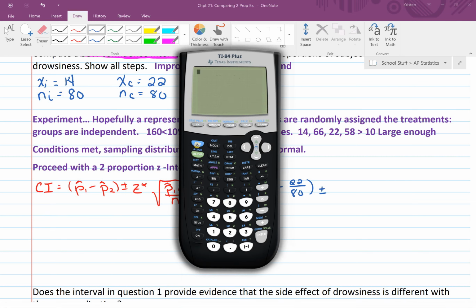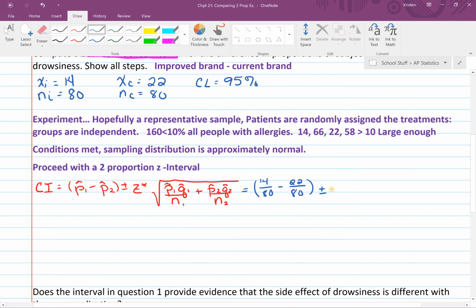Remember how to do that on your calculator. You're going to go to your inverse normal, 0.5 plus your confidence level divided by 2. And then since we're looking for a z-score, the mean is 0 and standard deviation is 1. That gives me my z-score of 1.96. You will eventually commit many of these to memory just by using them so much.